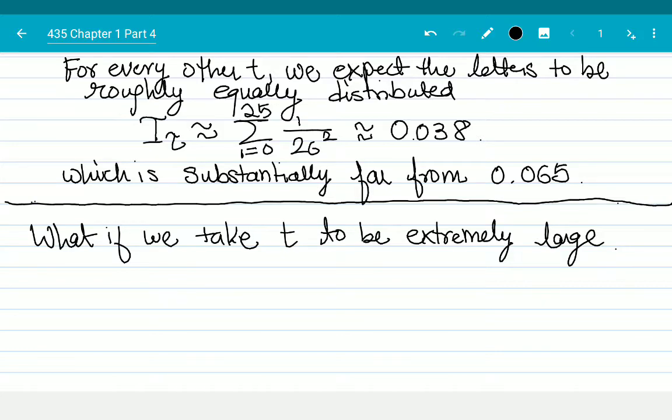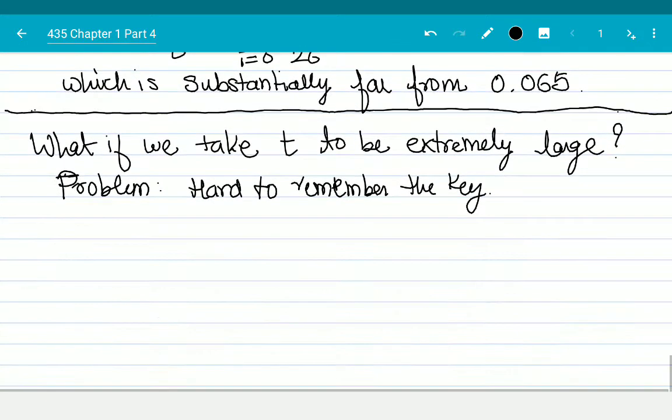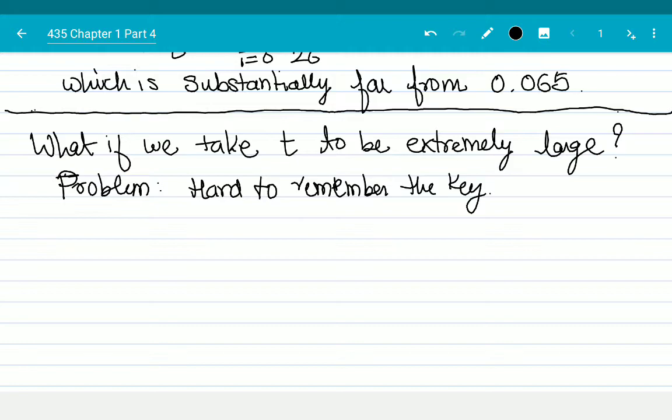The standard issue with this is the problem of remembering the key. Hard to remember the key. And if it is long enough, you are basically at some point just using substitution. So maybe you can do it, but if it's short enough, it's still going to be breakable by computer.